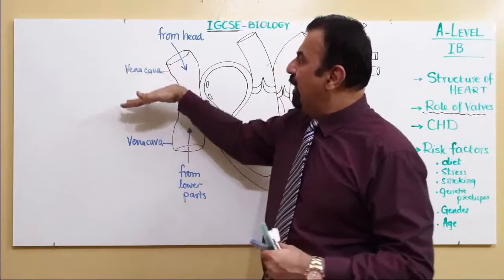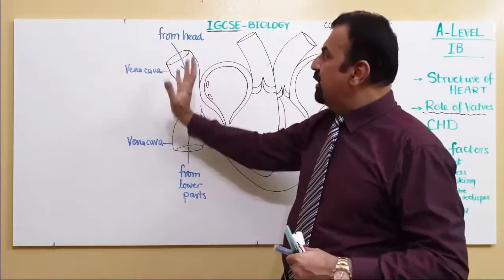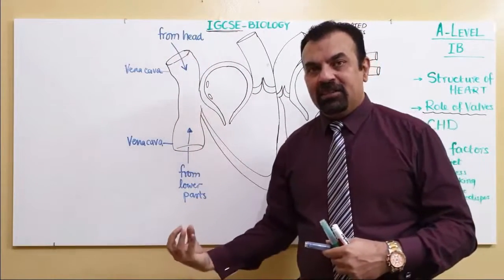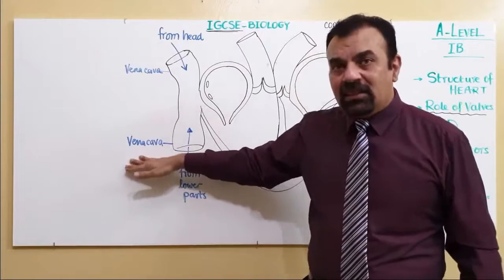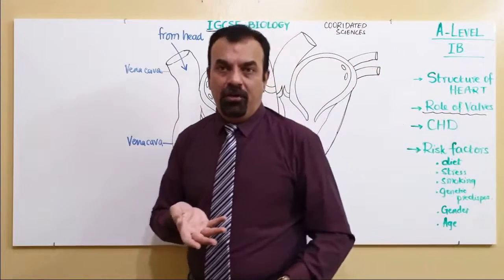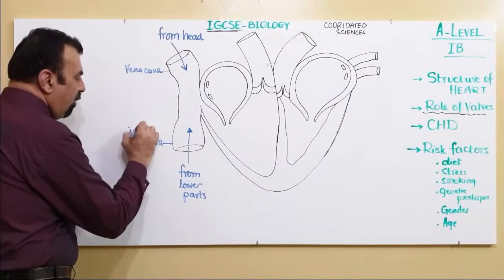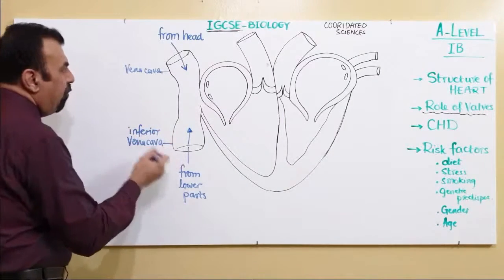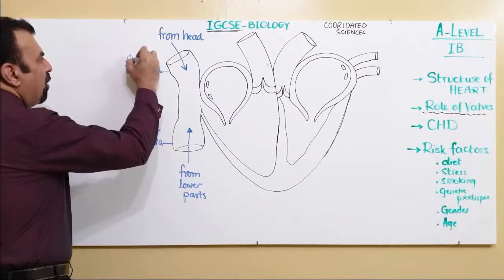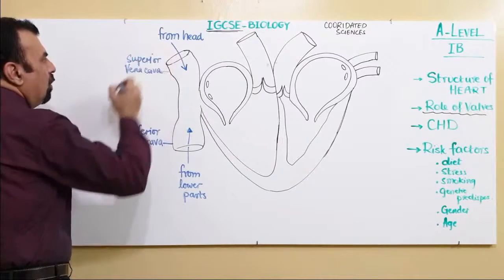Superior means it's elevated, it's above. So it is bringing blood from the head region. And what is that? That is inferior. Inferior means lower side. So this is the inferior vena cava. This is the superior vena cava.